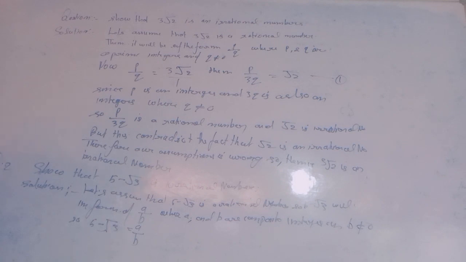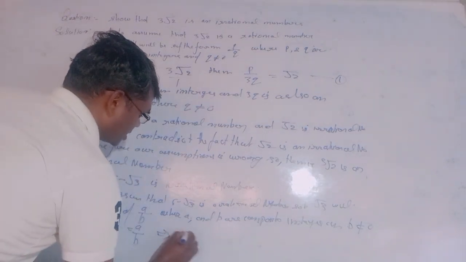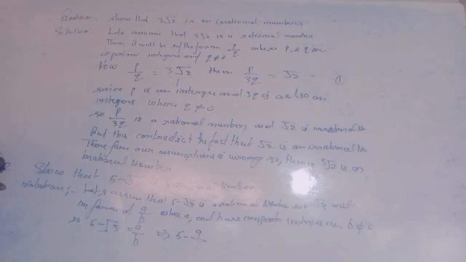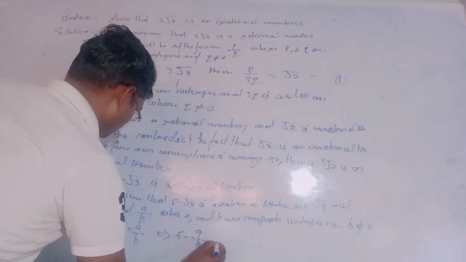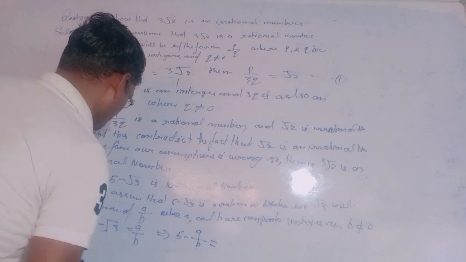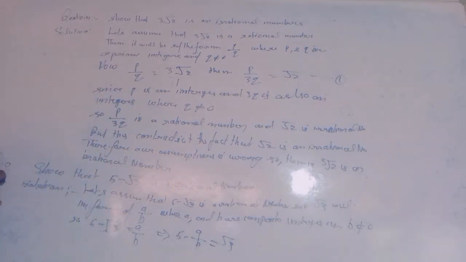On rearranging, 5 minus a by b is equal to root 3. After arranging we get here.